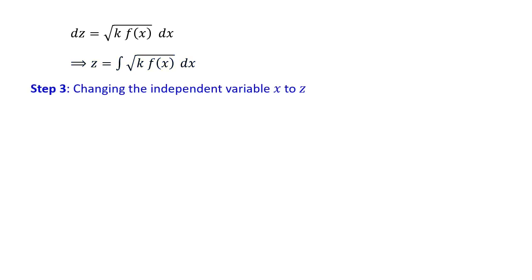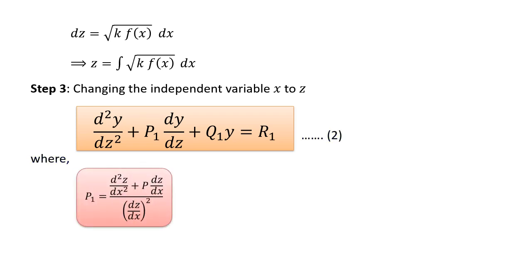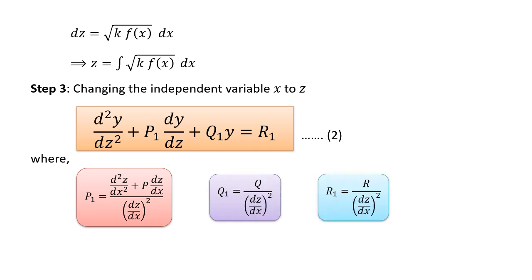In the next step, changing the independent variable x to z, we get d²y/dz² + p1 dy/dz + q1 y = r1, where p1 = [d²z/dx² + p dz/dx]/(dz/dx)², q1 = q/(dz/dx)² and r1 = r/(dz/dx)².